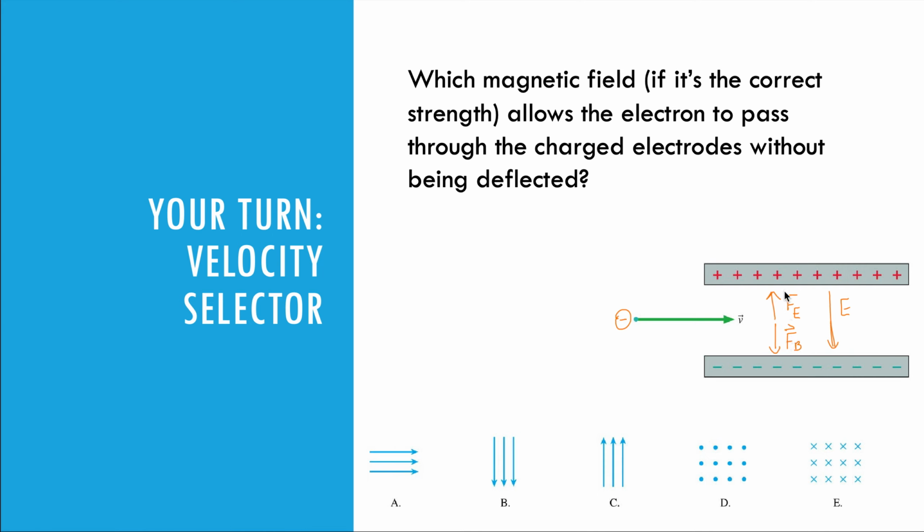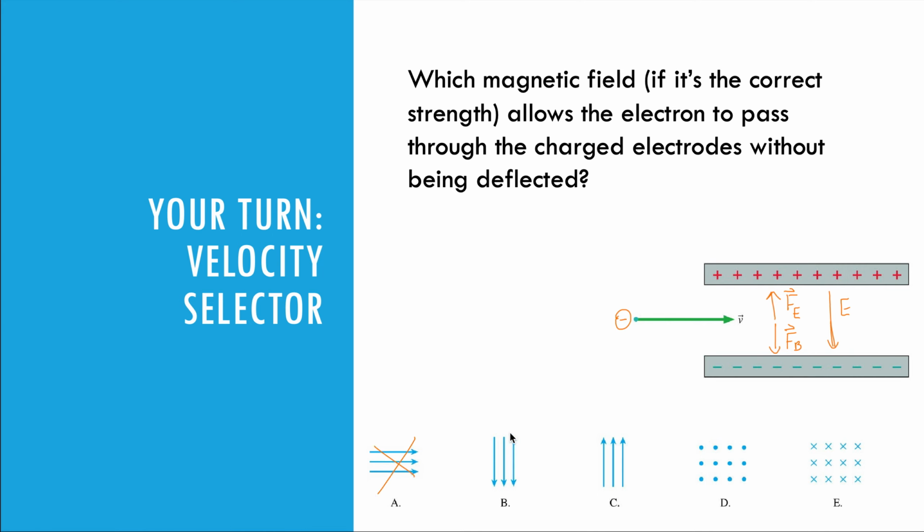And we want them to perfectly balance each other. So which way does the field have to go? You can kind of do trial and error, but for instance, you know that the magnetic field cannot go up or down because it can't be parallel. It can't go to the right, because then it would be parallel to v, and then there wouldn't be any force.